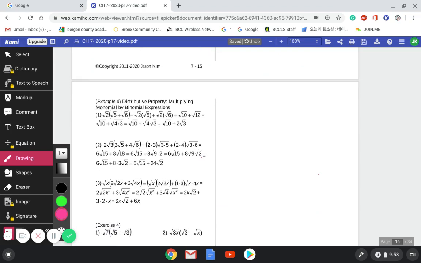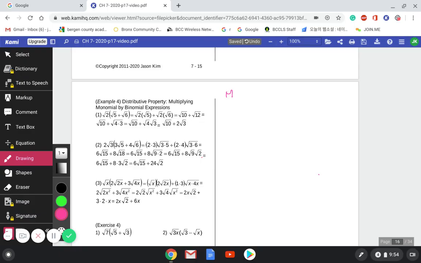Now the previous one was multiplication of radicals in binomial format times binomial. Now this particular example is binomial, monomial. Oh, I'm sorry. The previous one was monomial multiplied by monomial.